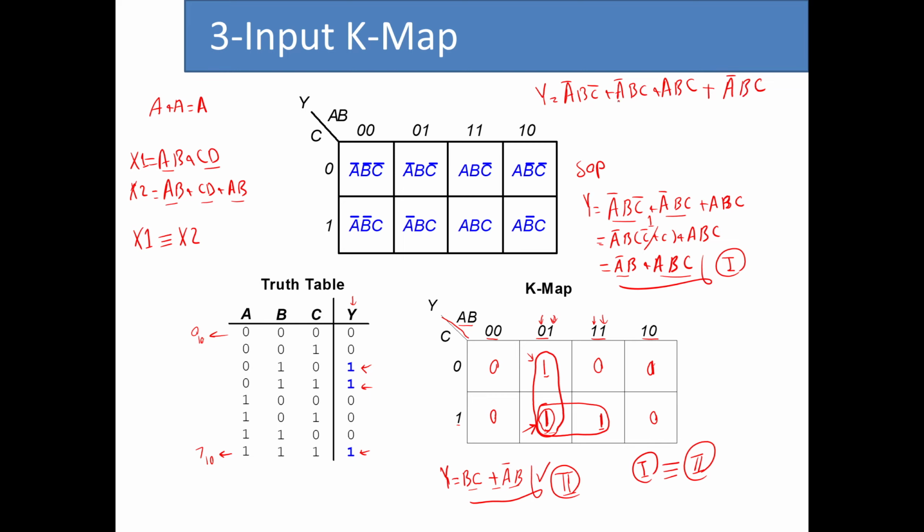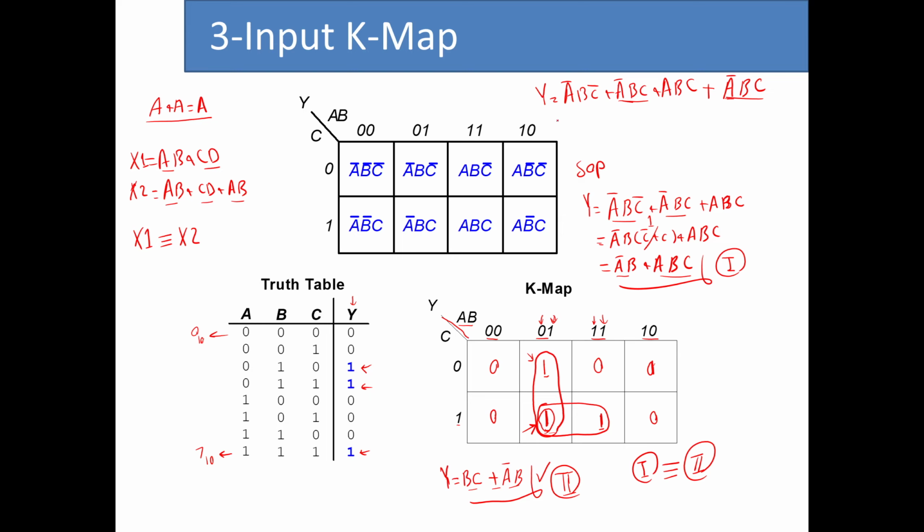As you can see, this term and this term are equal. Based on the fact that A or A equals A, x1 and x2 are exactly the same here, so adding this term does not change the value of the function.